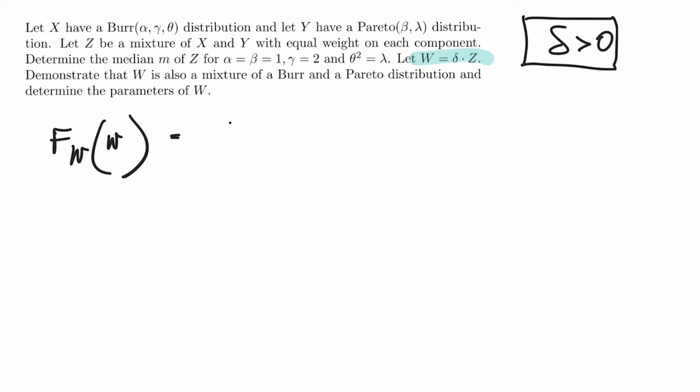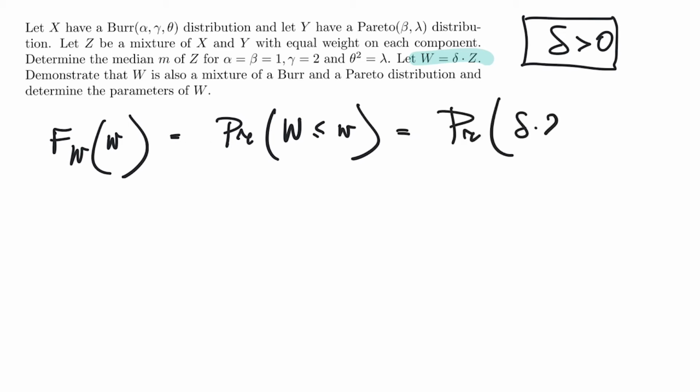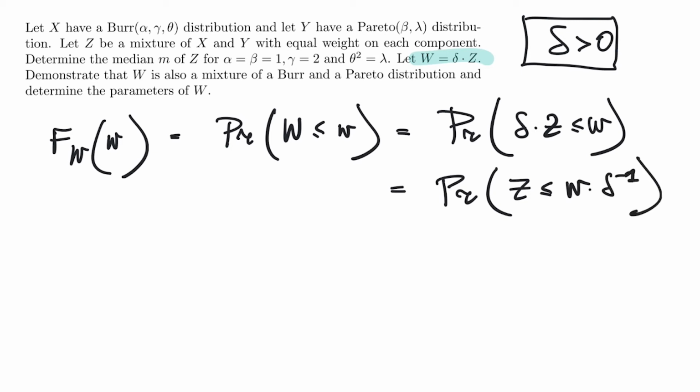Now, this is equal to the probability that capital W is smaller than or equal to small w. We can replace the capital W with delta times z. And as delta is a strictly positive number, we can multiply both sides by delta to the power minus 1 to get the probability that z is smaller than or equal to w times delta to the power minus 1.